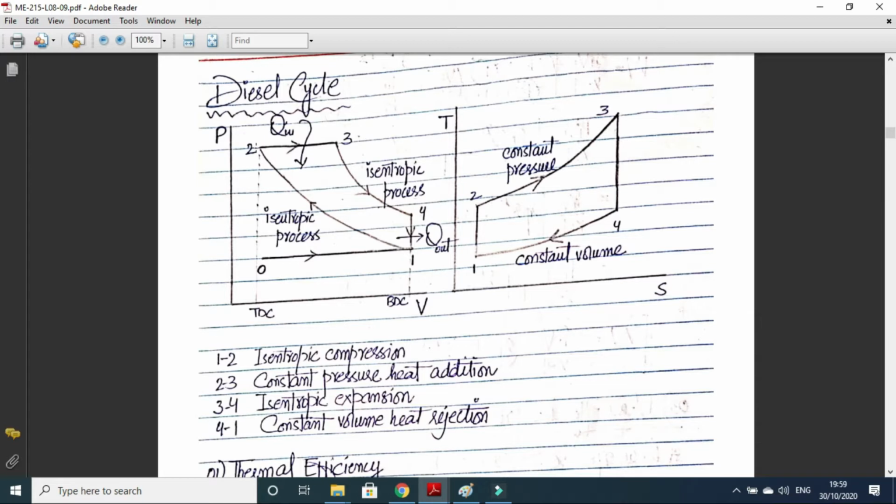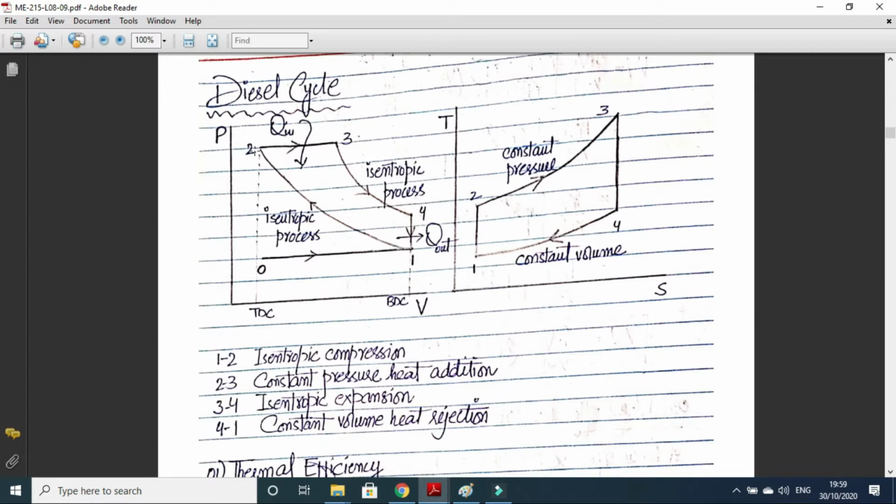Pressure will remain constant, volume will increase and heat will be added to the working fluid. Then 3 to 4 is the isentropic expansion, that is the power stroke. Pressure will decrease and volume will increase, and 4 to 1 is constant volume heat rejection, similar to the Otto cycle. So V4 will be equal to V1.